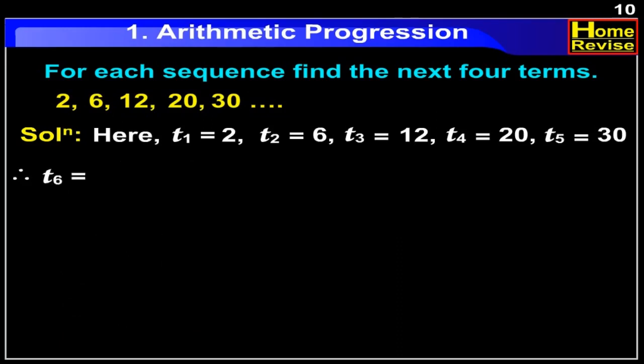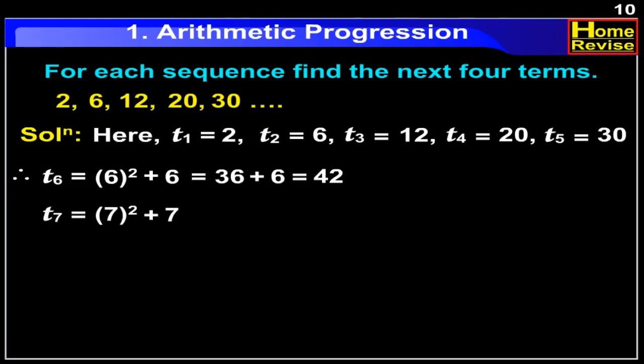Therefore, T6 is equal to 6 square plus 6 is equal to 36 plus 6, which is equal to 42. Similarly, T7 is equal to 7 square plus 7 is equal to 49 plus 7, which is equal to 56.